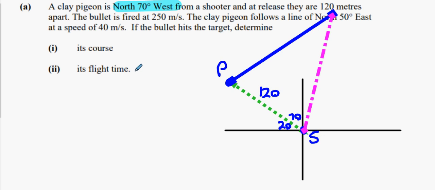Do we want P to be stationary or do we want S to be stationary? What did I choose? I'm using completely different letters than I used in my own answer. Bullet for B. Instead of shooter, call that bullet. Alright? And instead of pigeon, call it the clay pigeon. So B and C. That's okay with you guys?